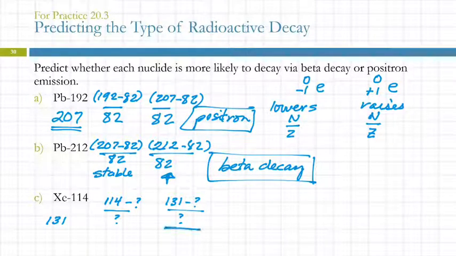This is the stable one. So we're trying to increase the ratio, and so then we're going to use the positron. Well, we're not using it, but we're going to predict that that's what's going to happen.